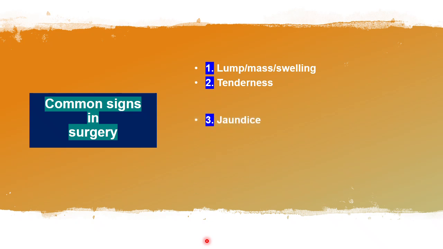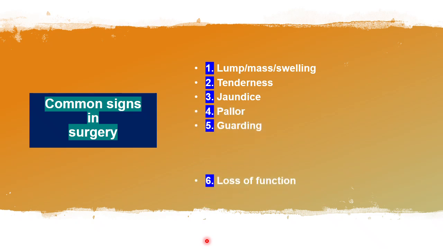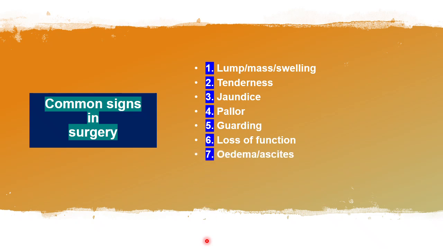The common signs in surgery that we see in our patients: lump, mass or swelling, tenderness or pain on pressing the abdomen, jaundice, pallor, guarding, loss of function, edema and ascites, wasting, emaciation or cachexia.